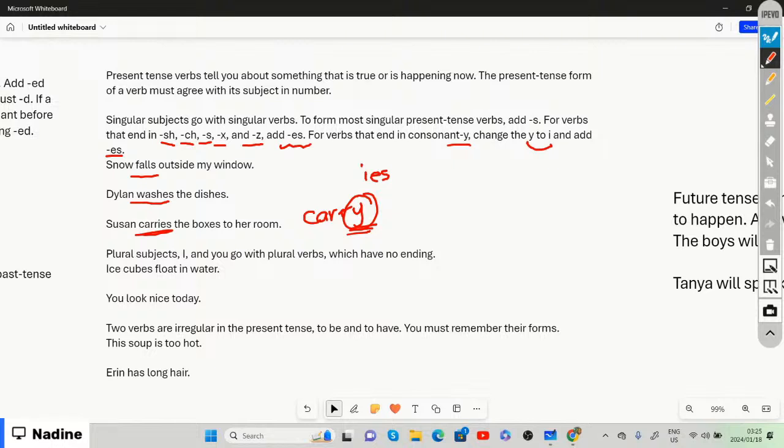And a plural subject, right? I and you, they go with plural verbs. So we say plural subjects go with plural verbs, singular subjects go with singular verbs. And when it comes to the plural subjects, they have no ending.